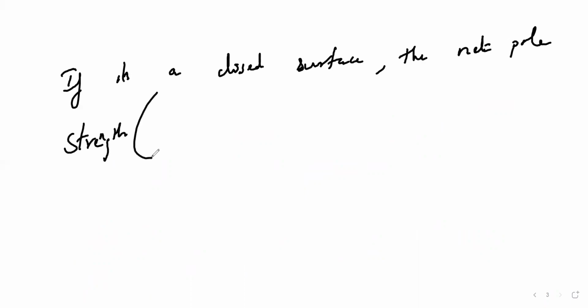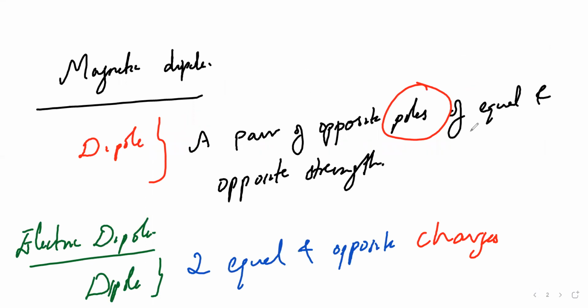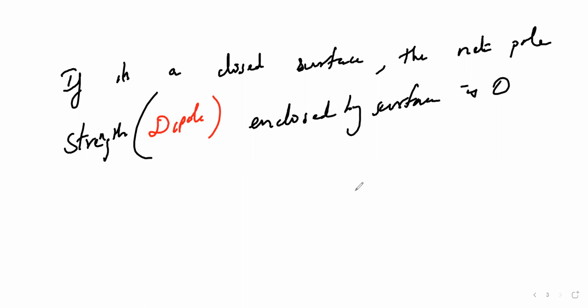The dipoles, correct, they cancel out each other. The net pole strength enclosed by the surface is 0, because the poles are of equal and opposite strength, so they will cancel out each other in a closed surface.